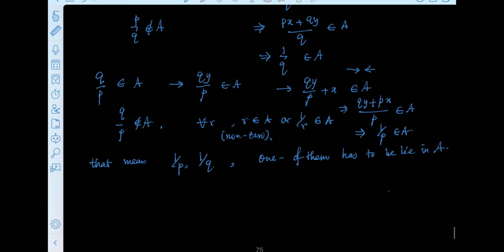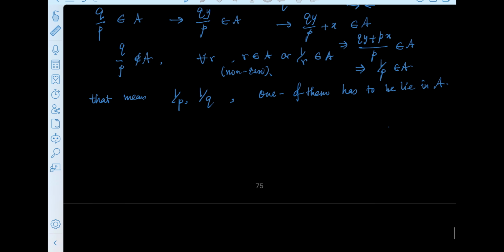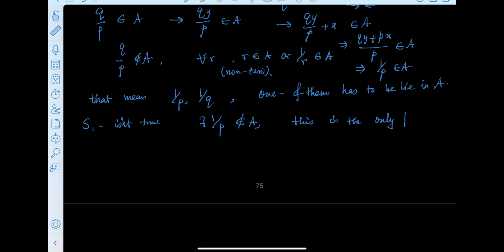Okay, one of them has to lie in A. So if S1 is not true, that means there exists a prime 1 by P which is not inside A. This is the only prime such that 1 by P is not inside A. Okay.